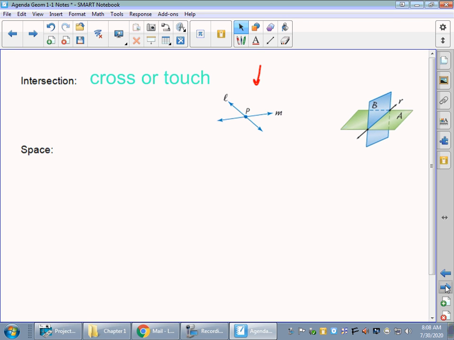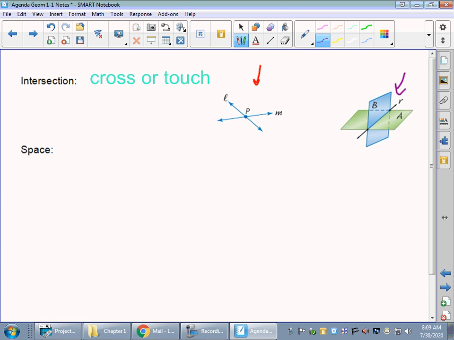This example over here is an interesting one. So do you see two planes intersecting in that example? I see a green horizontal plane A, and I see a blue, sorry if you're colorblind, vertical plane B. And those two planes are intersecting, they're crossing or touching.